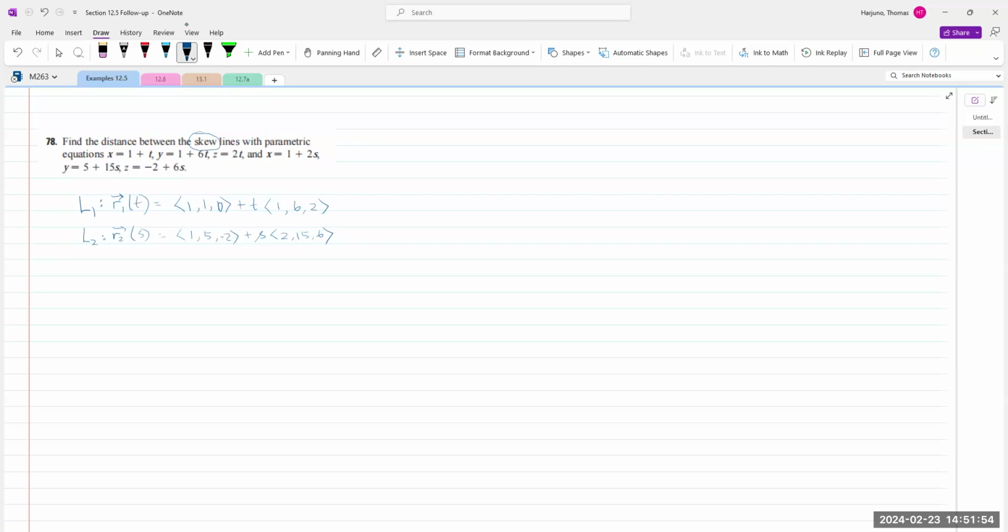Now, going back to the knowledge that two skew lines must be on two parallel planes. So this is one of the lines, let's say this is line 1, and let's say this is line 2. The distance we are looking for is this. Now, from those pictures, we have the following.